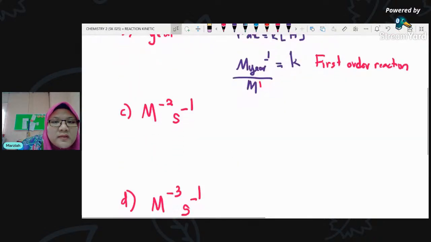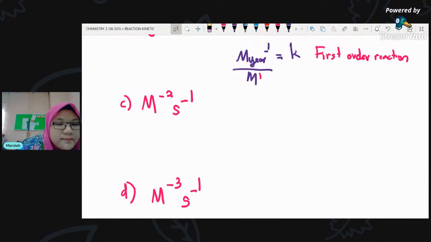Let's try C and D. What is the expected order of reaction for C?